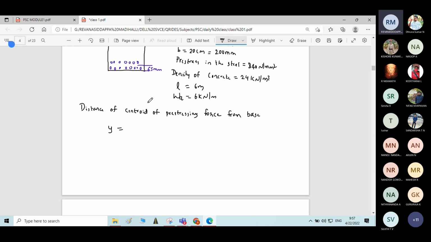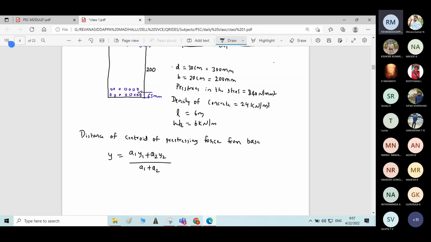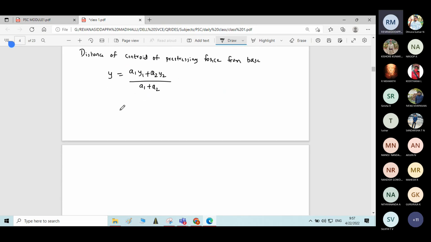For that the formula will be A1 Y1 plus A2 Y2 divided by A1 plus A2, where A1 is the area of the bottom bars, the bottom wires.